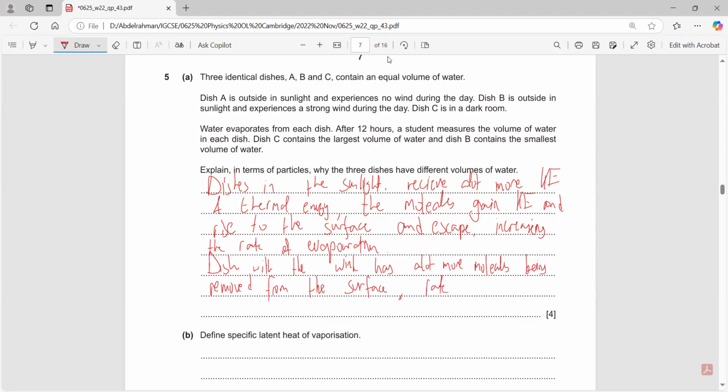The rate of evaporation also increases. So, I think this is C. No, this is B. This is dish B, and this is dish A and B.